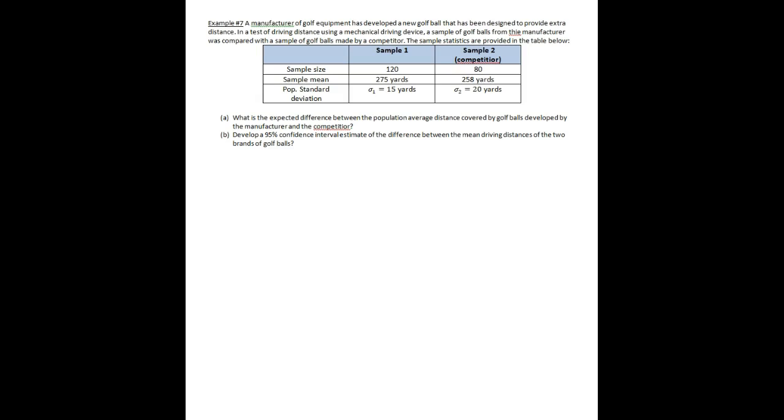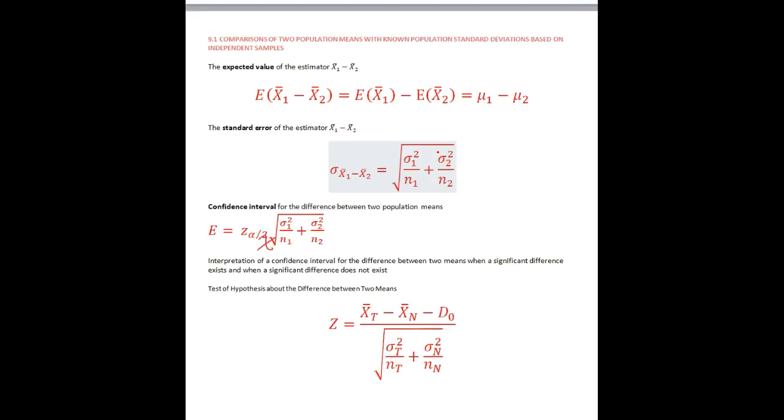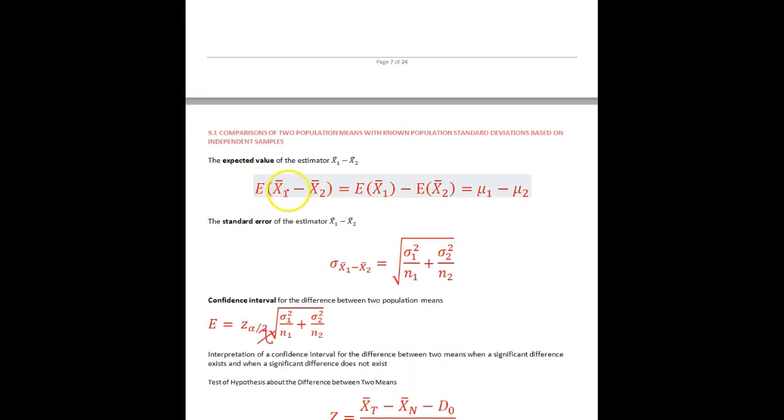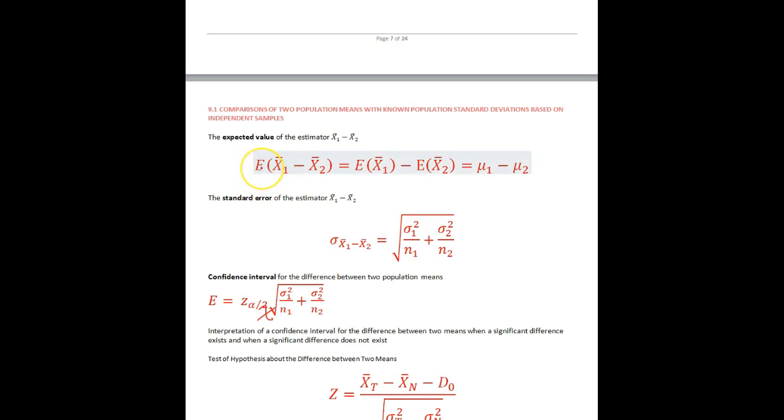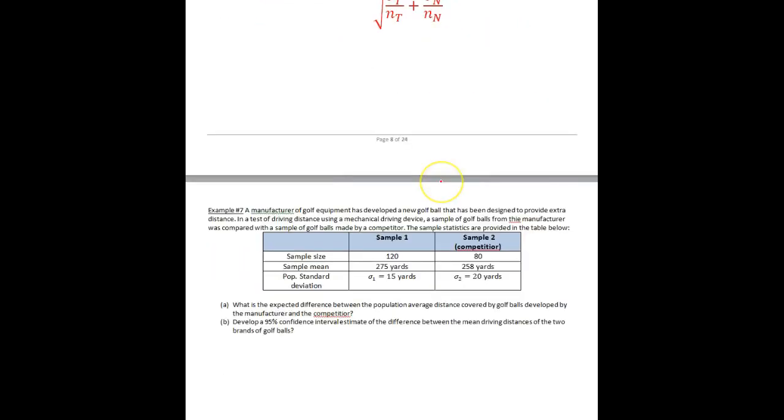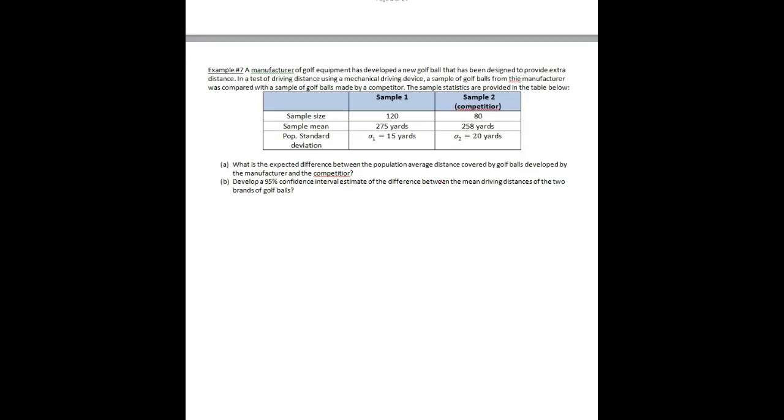Okay, so the easy one is that new formula that we learned to talk about the difference in expected values, right? So the expected value of the difference is just the difference in the expected values, or the difference in the mu's. So we walk down here, so for A, the difference in the expected value.